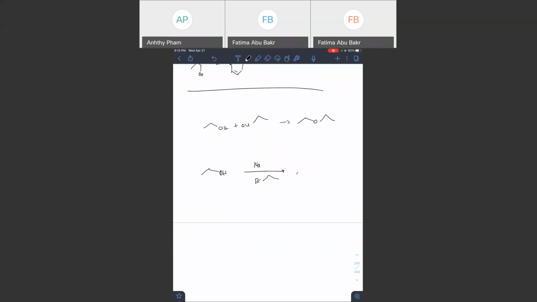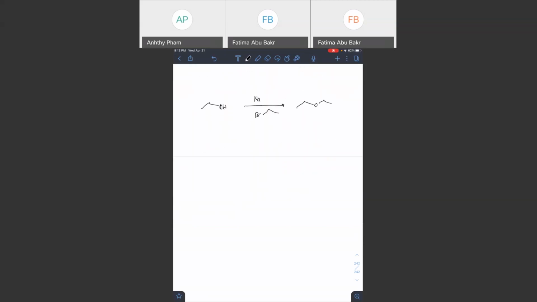And what that will do is give us the same thing. So those are two different methods of forming an ester. Actually, these are actually ethers. So an ester formation would just be the same thing, but you have to include a carbonyl there or a carbonyl here or something like that, you know.